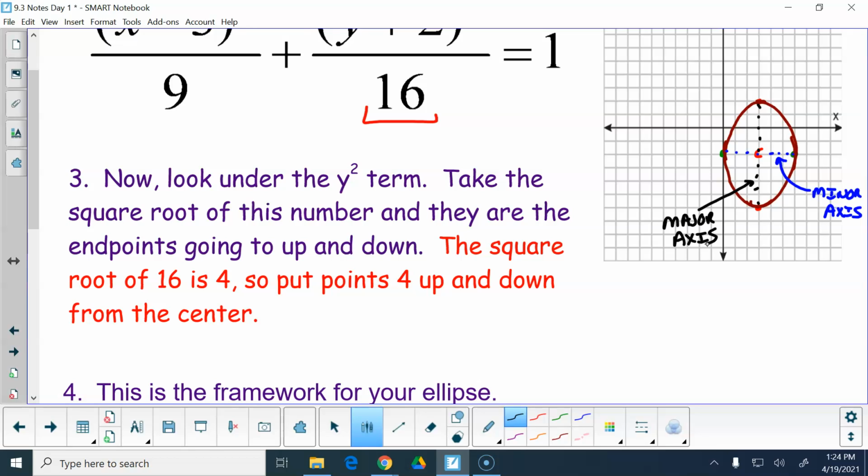So the vertices of my ellipse are the endpoints of that. So the vertices would be here. That would be the point 3, 2. And down here, that would be the point 3, -6.